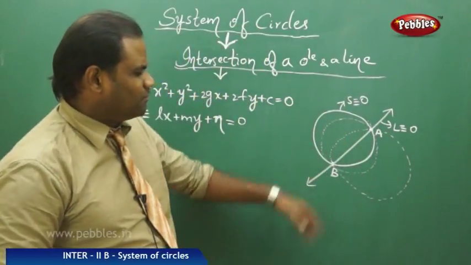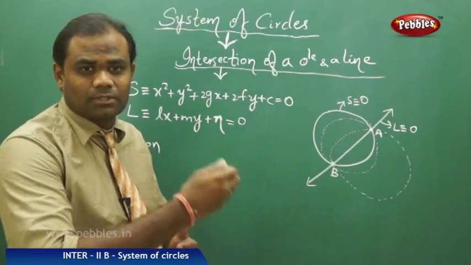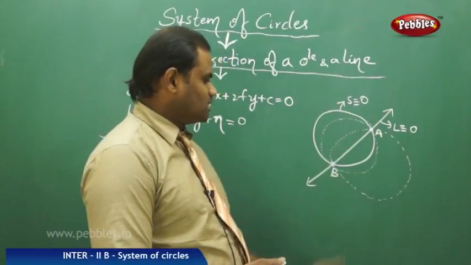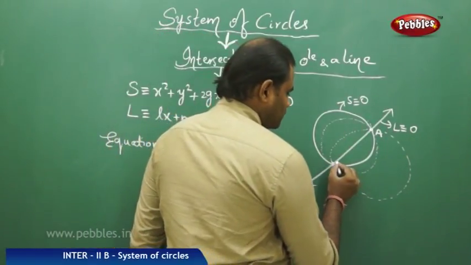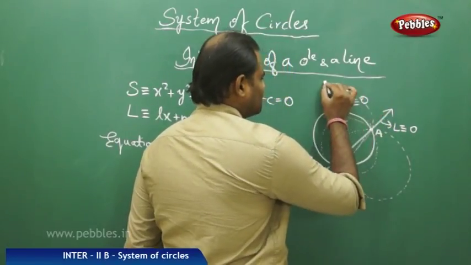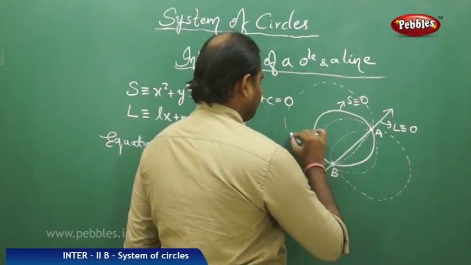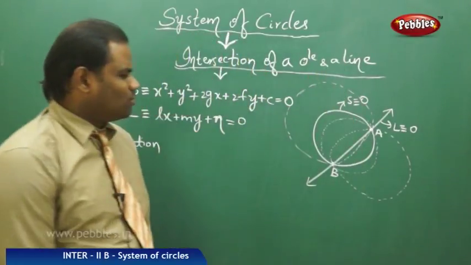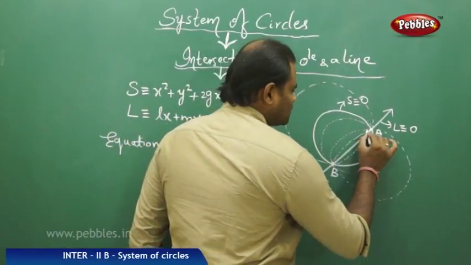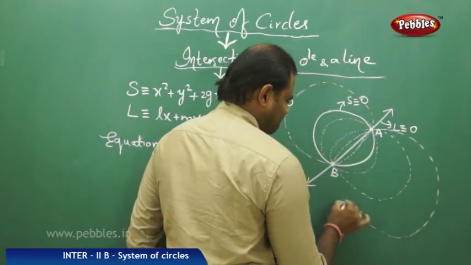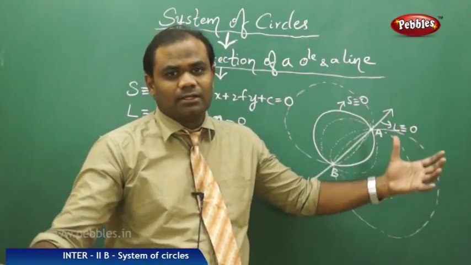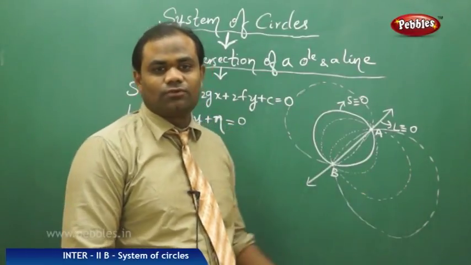So like this, we have different types of circles which can be formed using AB as the chord. So one of the circle is this, one is this. There might be one more circle which can be formed like this, etc. So we have system of infinitely many circles which can be formed from the chord AB. So this infinitely many circles form a system which you're going to see as a formula.